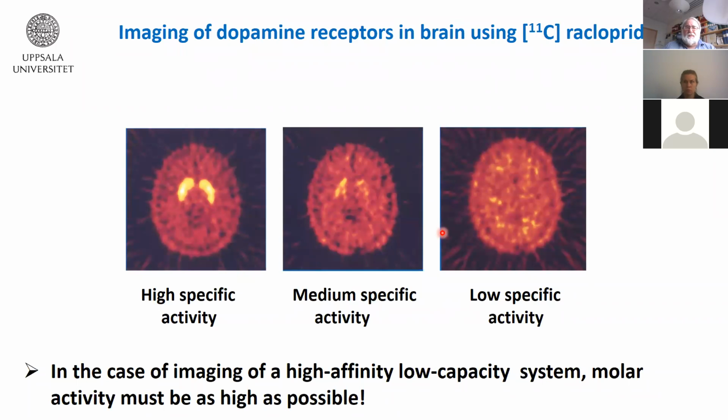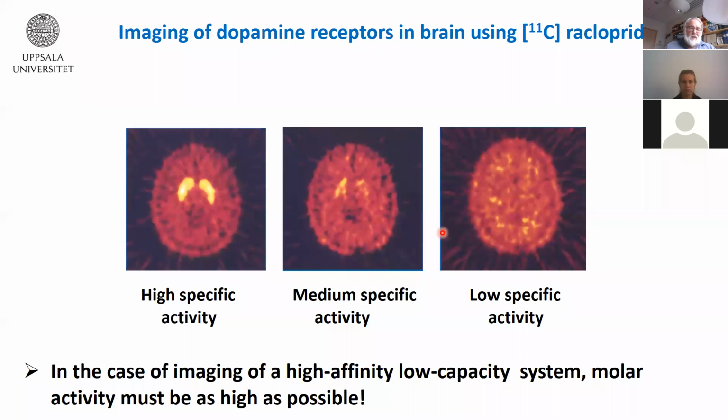Another example is imaging of a so-called high affinity, low capacity system. And this is typically the situation with a majority of brain receptors, the central nervous system receptors, where we have dopaminergic receptors and serotonin receptors and so on.